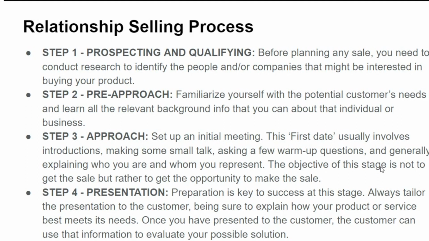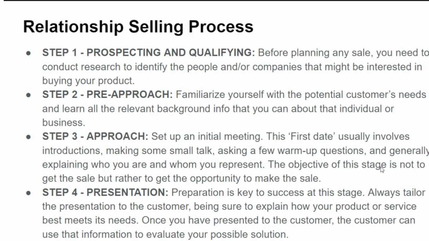So these are what are called qualified customers. In other words, customers that fit well with you. And you can dismiss all the ones that don't fit with you. If you're looking for high volume production and you don't have high volume production, no sense in dealing with that type of customer.